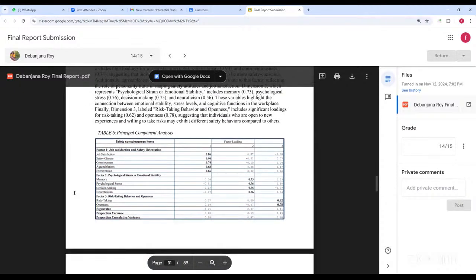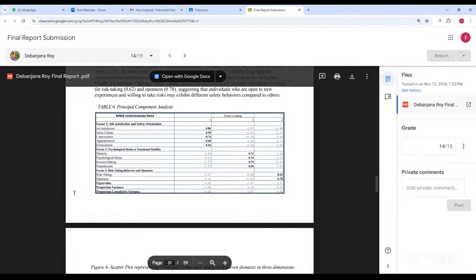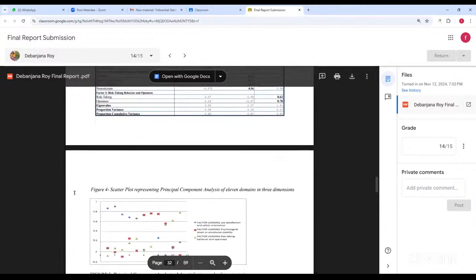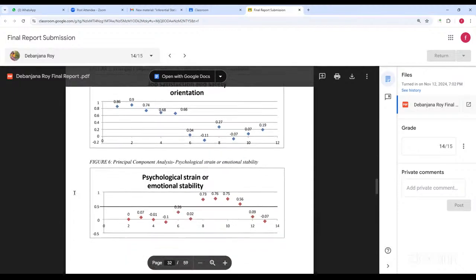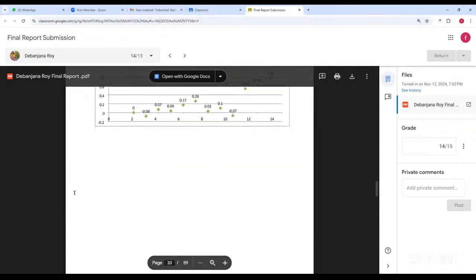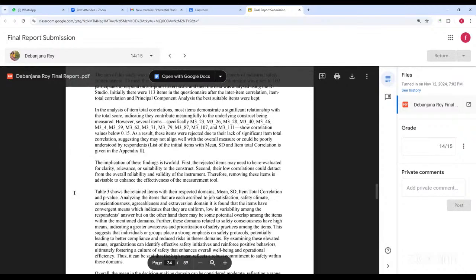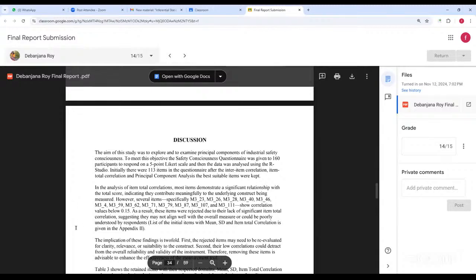After that, you have to show the correspondence map. These things are not required. Then you will write down the discussion part.